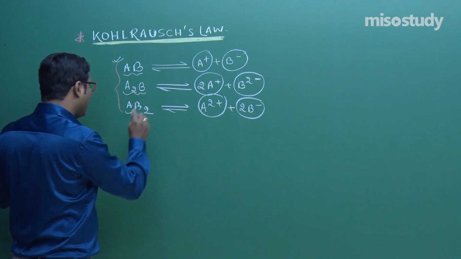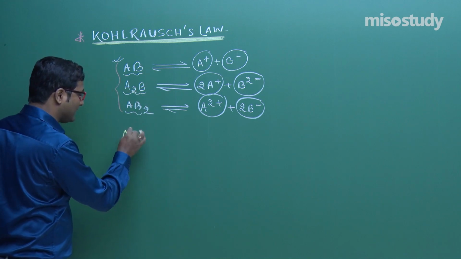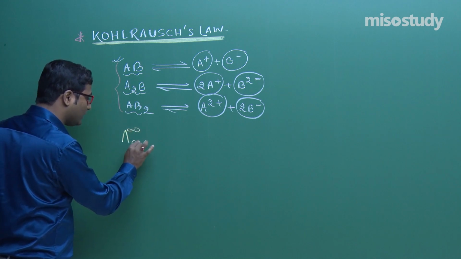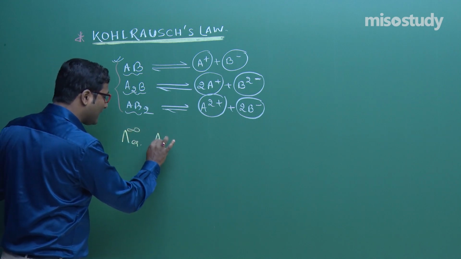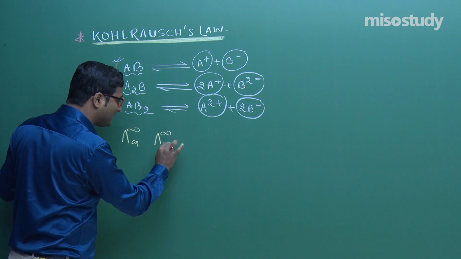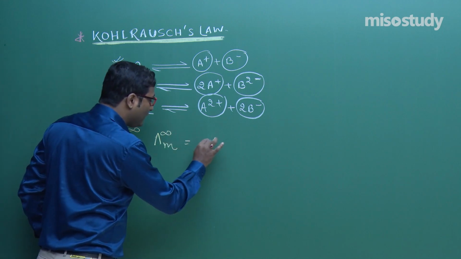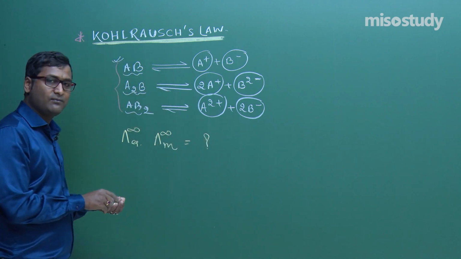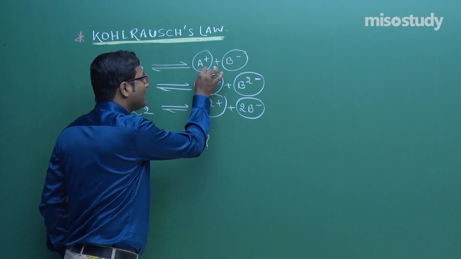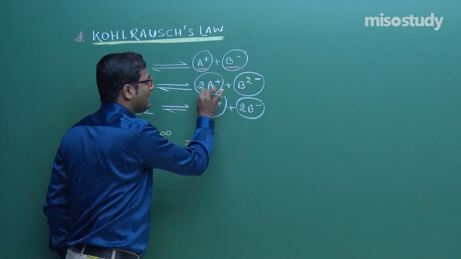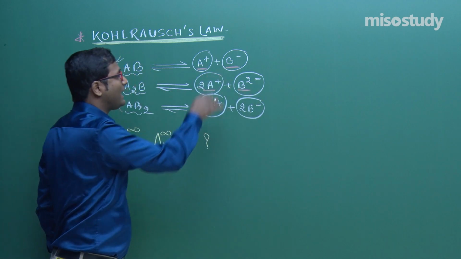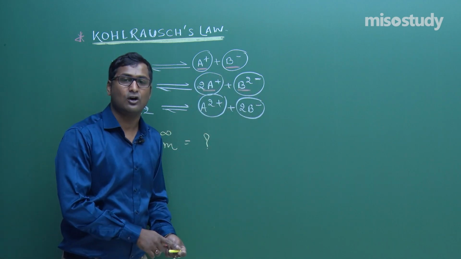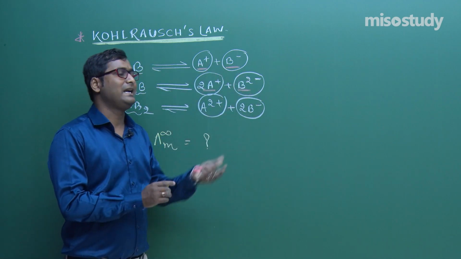The equivalent or molar conductance at infinite dilution is equal to the conductance of each ion, known as the ionic conductance of cation and anion.